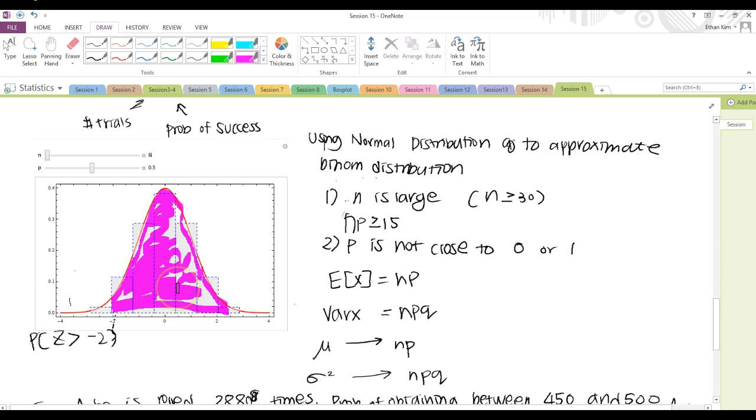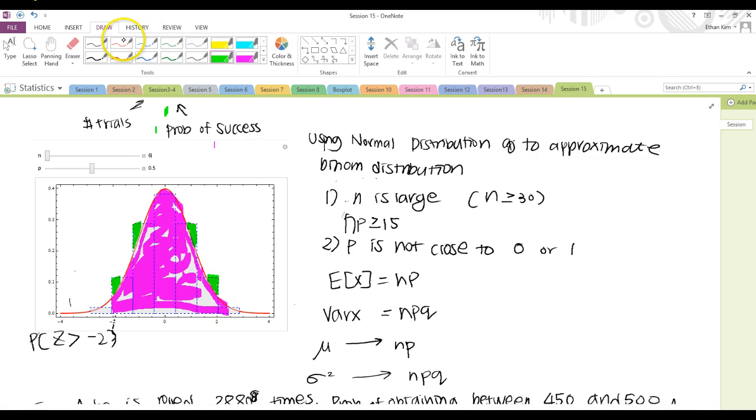And notice that when we're doing this, the real binomial is the histogram. We're leaving these parts out. And how do we calculate this?